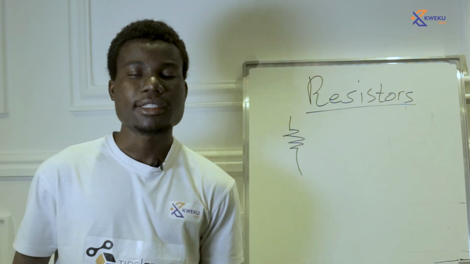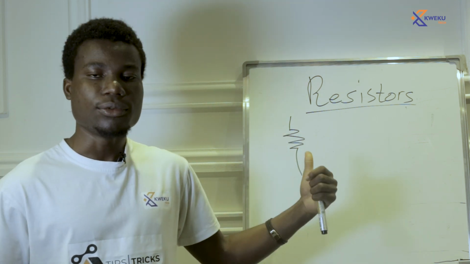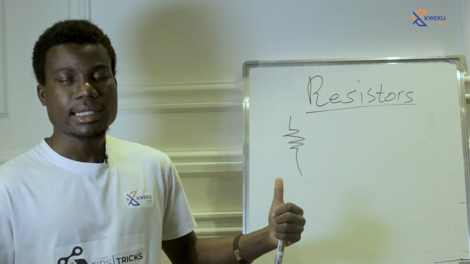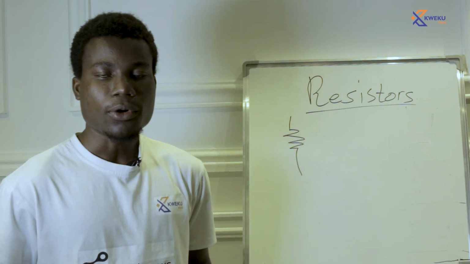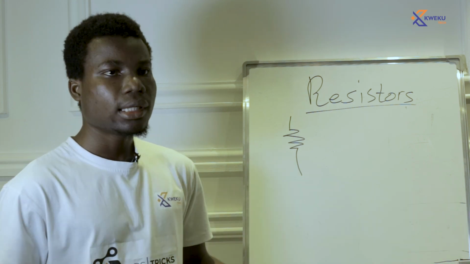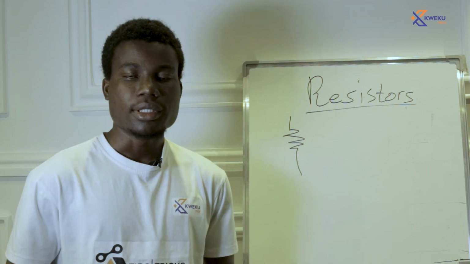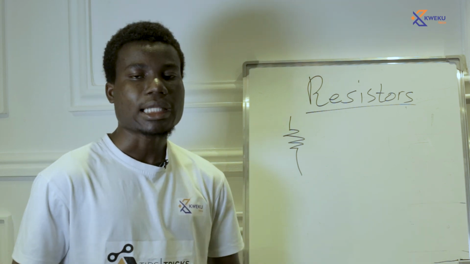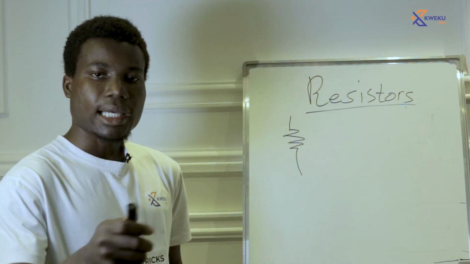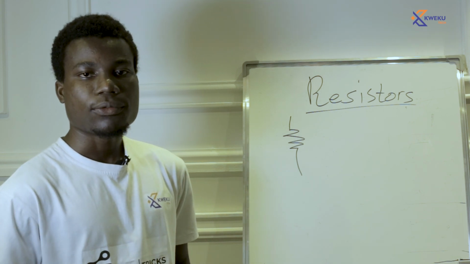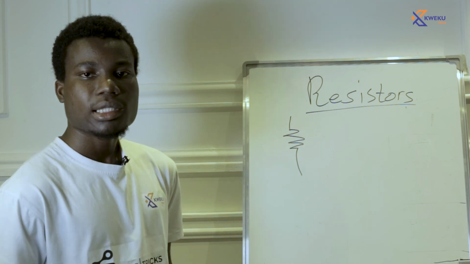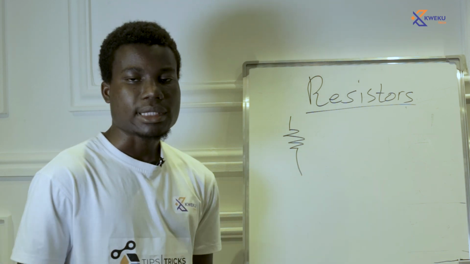This is how the electrical symbol looks. If you see any circuits, and then you see this, you should recognize that this is a resistor. So resistors reduce the voltage in a circuit. If you have other components in your circuit, and you don't need all the voltage to go through that circuit, so you want less voltage to that component, you use the resistor.